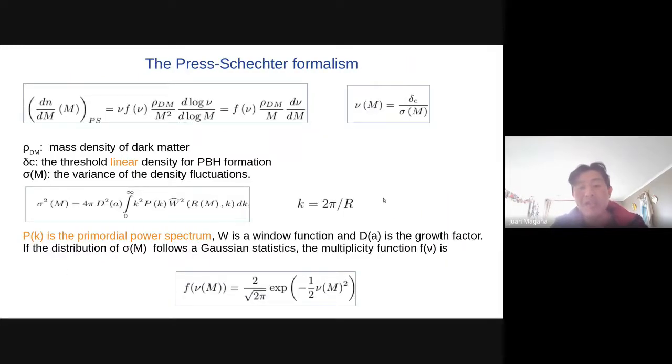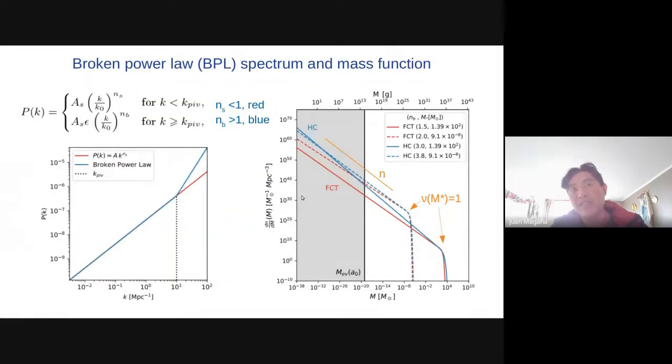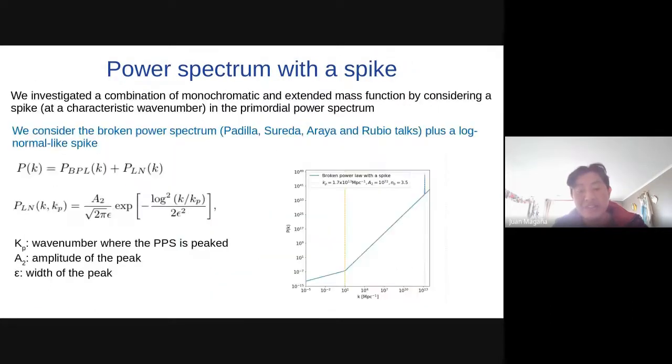It will depend on whether the scenario is horizon crossing or fixed conformal time. In the case of horizon crossing, K is proportional to M to the minus 0.5, and in the case of fixed conformal time, K is proportional to the mass to the minus 1/3. This is the relation. Great, thank you.